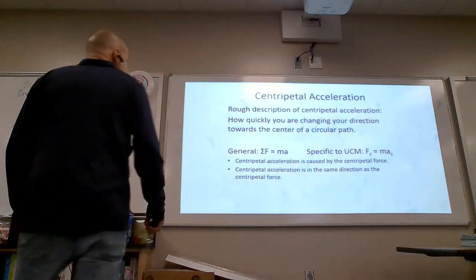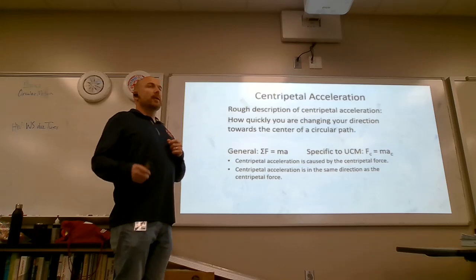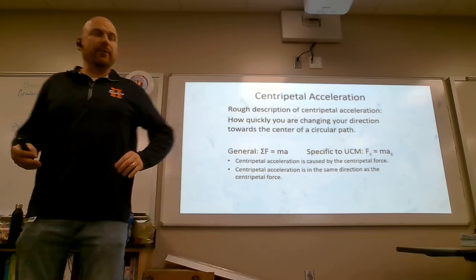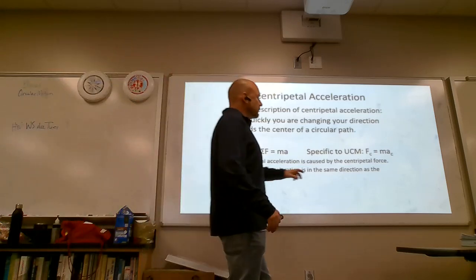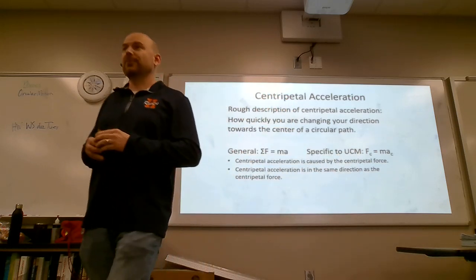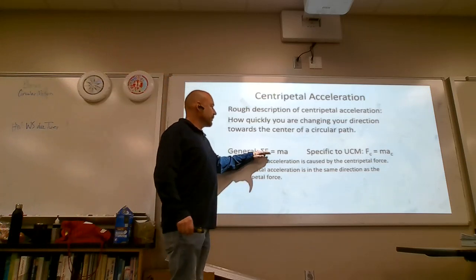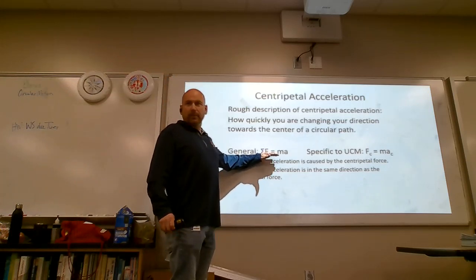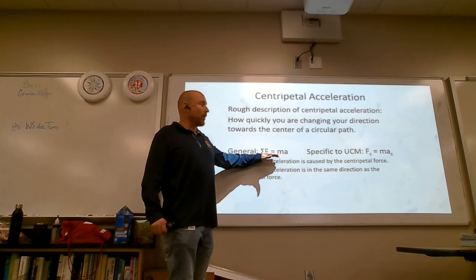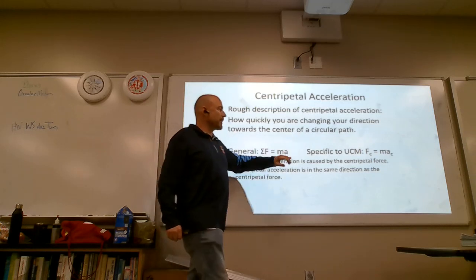Okay. Now, if you are moving at a constant speed, you have what's called uniform circular motion. That's what you'll experience in this class for circular stuff. The cool thing is there's some parallels between what we learned in Newton's second law last semester and circular motion. So the net force is equal to mass times acceleration.